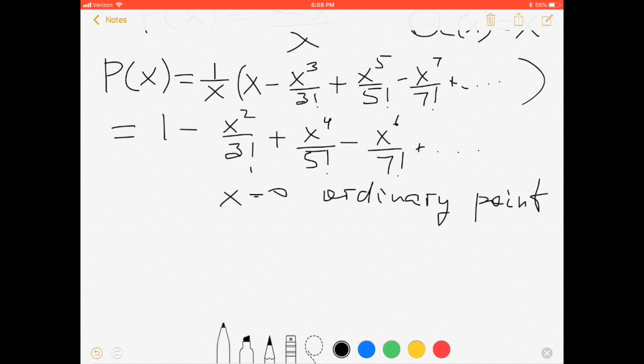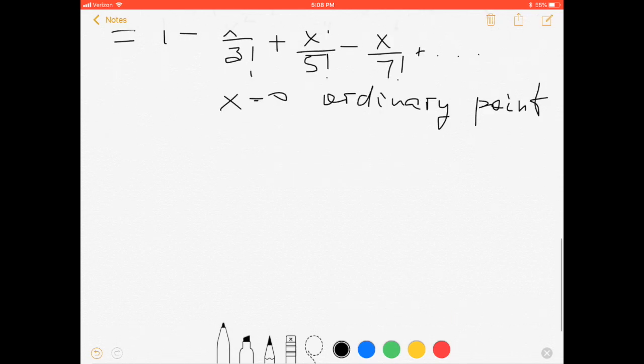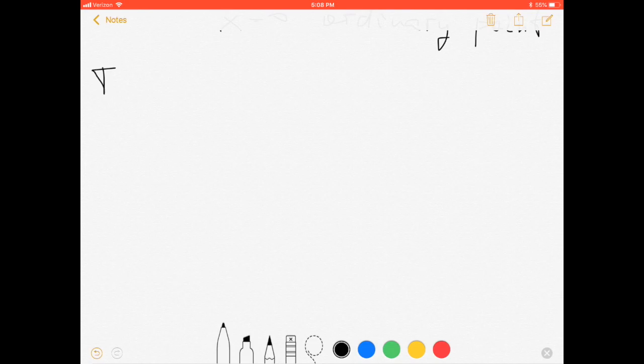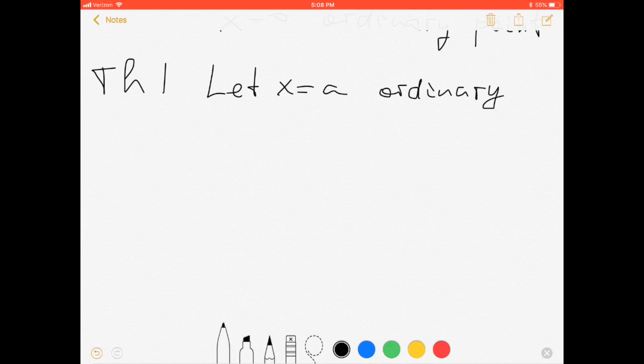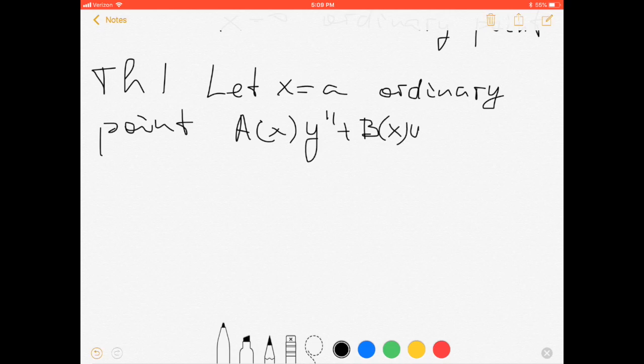Now we have a theorem here. Theorem 1 tells us: let x equals a be an ordinary point of the equation a(x) y second derivative plus b(x) y first derivative plus c(x) y equals 0.